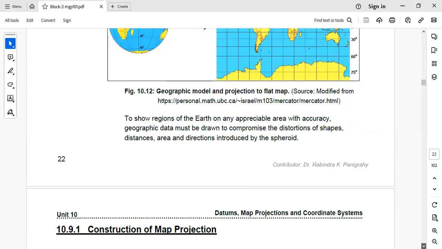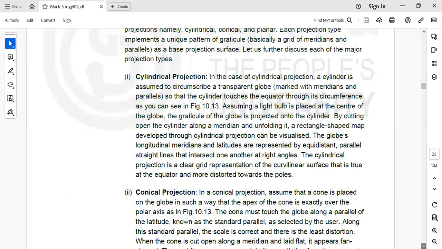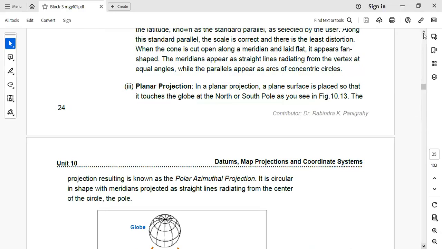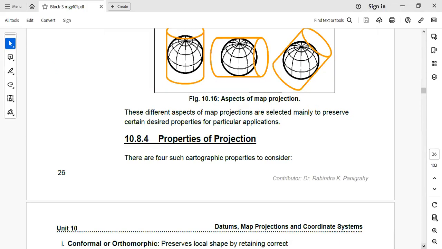There are some steps which are used to create the map projections, which are given here. So we have various types of map projection.